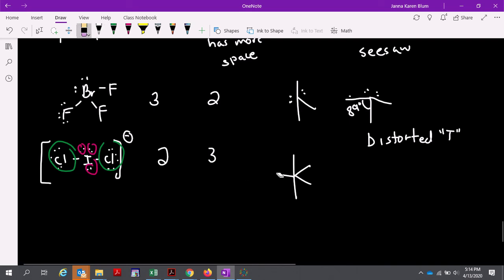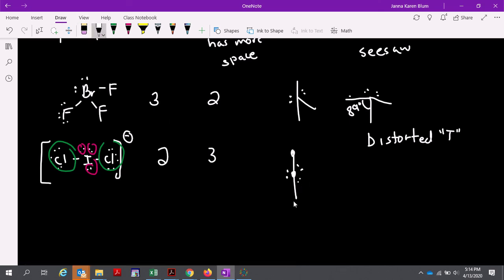And with my 3rd lone pair, I'm going to take up another equatorial portion. 2 lone pairs, always going along that central triangle in the middle. 3 lone pairs.